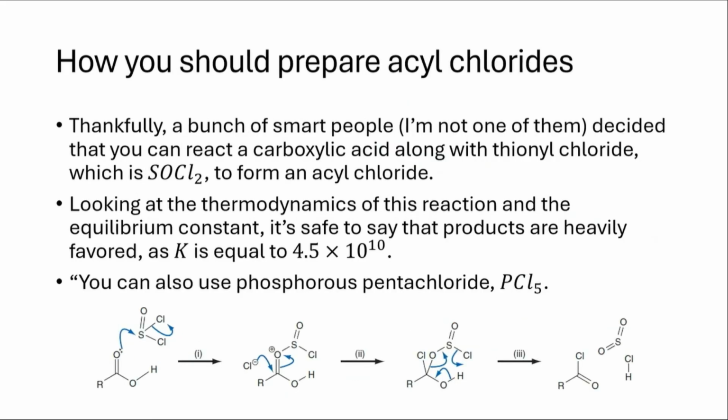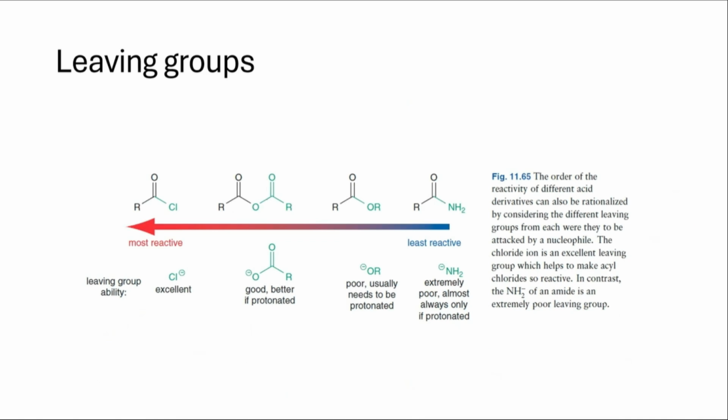Now, the way that you should prepare acyl chlorides is we use something known as thionyl chloride, which is SOCl2. And if we look at the thermodynamics, we can see that products are heavily favored, as K is equal to 4.5 times 10 to the 10th power. So next I want to go over the ability of leaving groups.